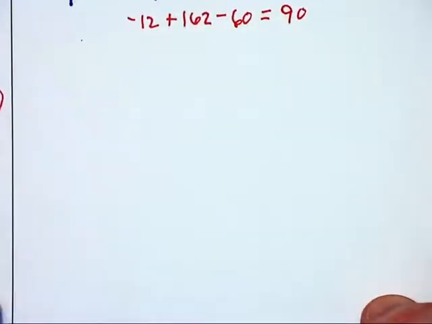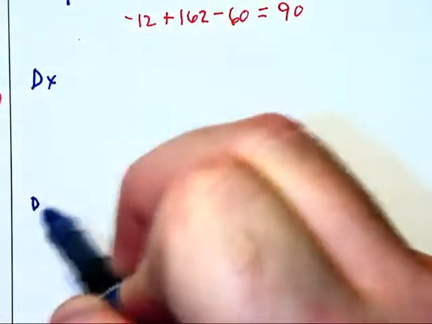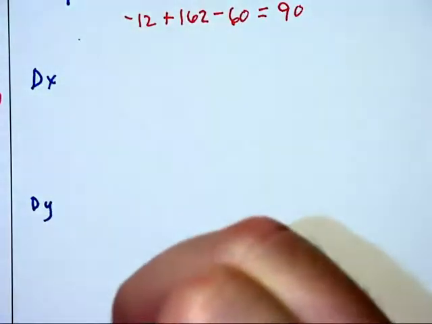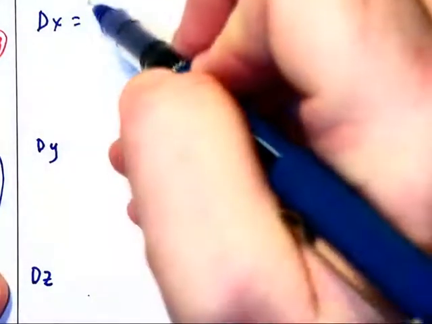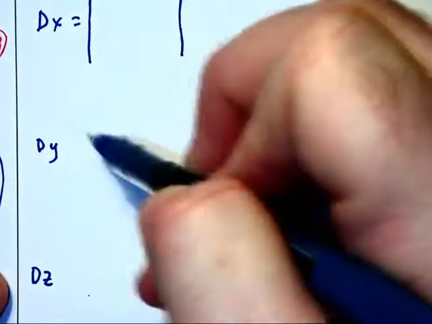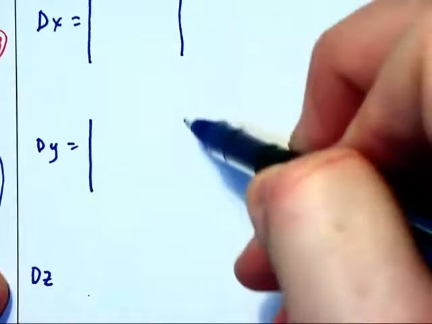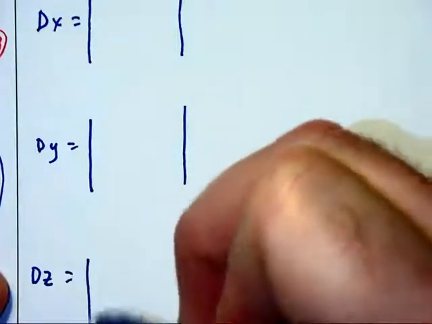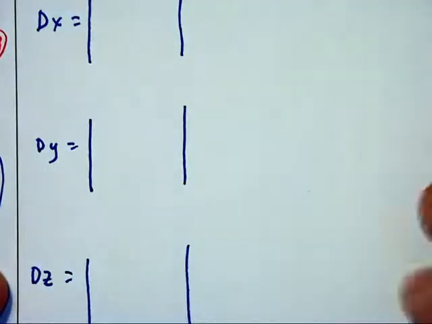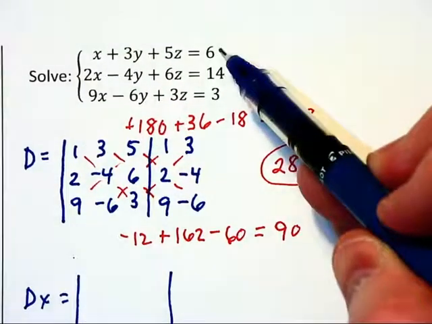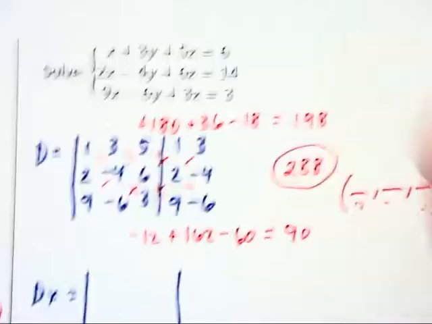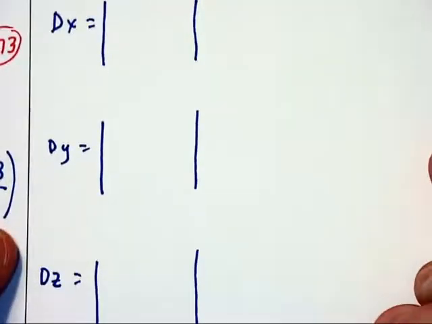I next like to set up dx, dy, and dz separately. I know this takes a little space here. All three of these are going to contain 9 values, and I like to go straight to this coefficient column, 6, 14, 3, and substitute them in where they belong.